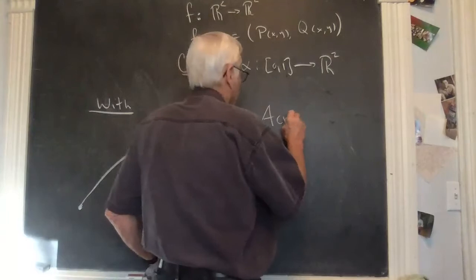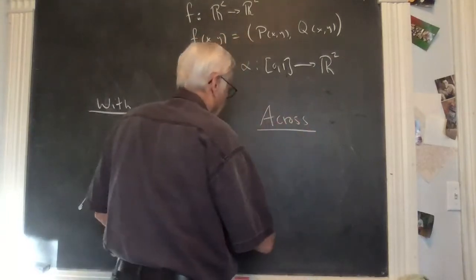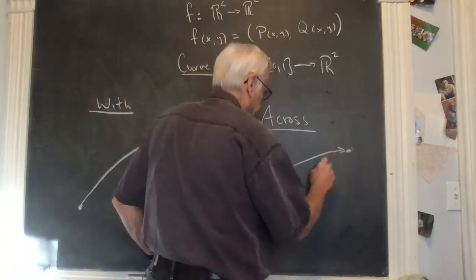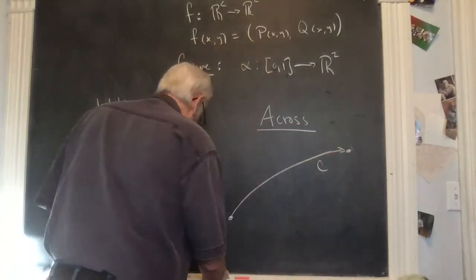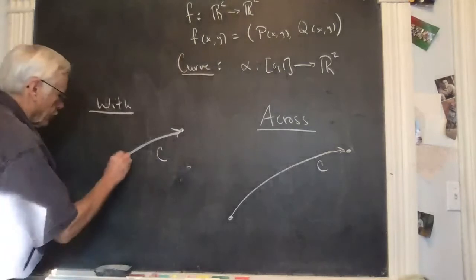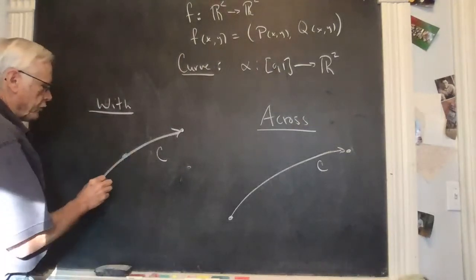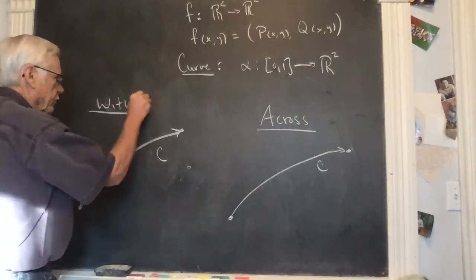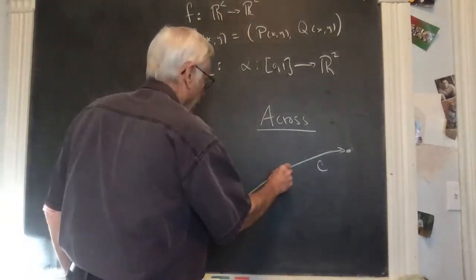Here's a cross. Again, we have the same curve C. It is oriented. And at each point of the curve, we have a vector field. And let's say that vector field is like this at any point.